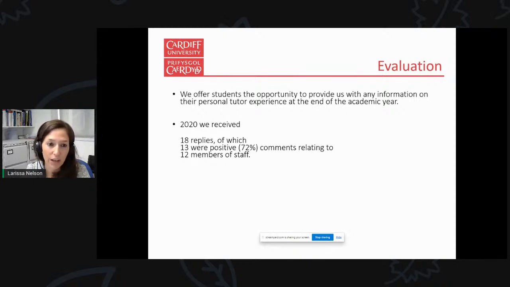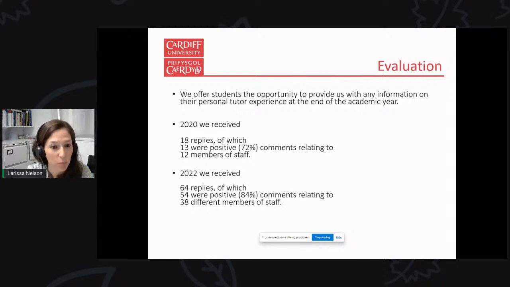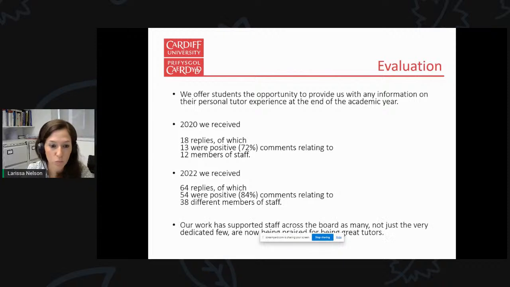Following the rollout of our toolkit, we've seen a huge increase in the number of replies, and 38 members of staff received positive comments. Bearing in mind we have approximately 90 members of academic staff, positive feedback went from being acknowledged for a small cohort of staff to nearly half of the academic staff. That was a really good jump for us to acknowledge.